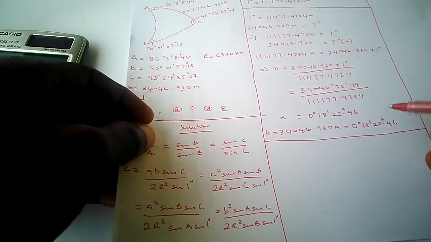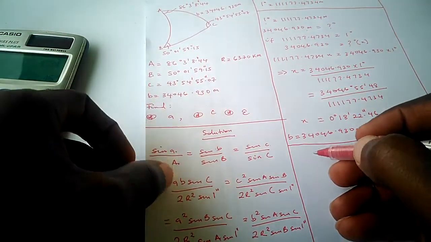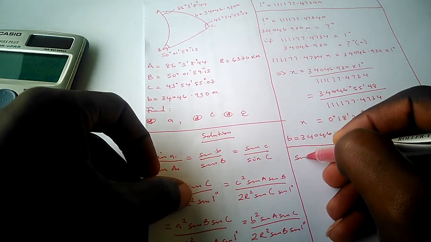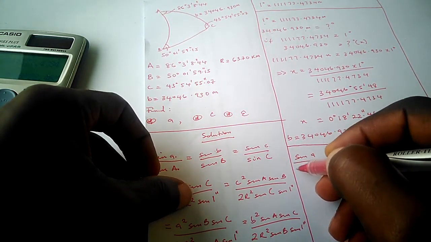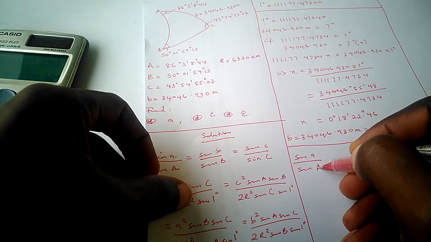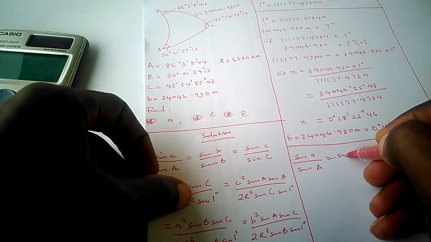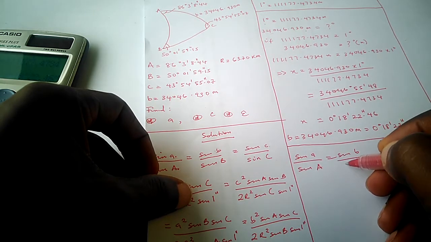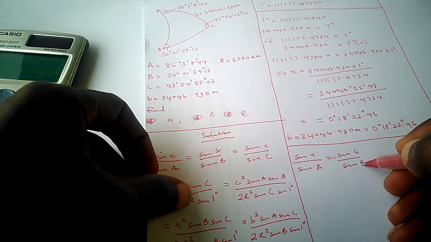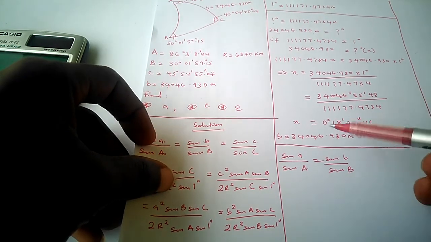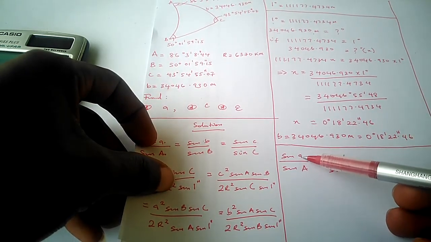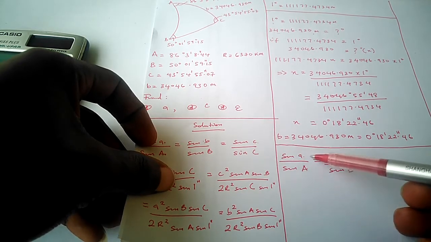But for the purpose of this video, let's say we have sine A over sine A equals sine B over sine B. What are we looking for? We are looking for A. Therefore, we have to make this the subject of the formula.